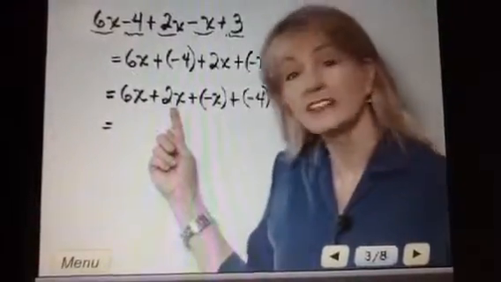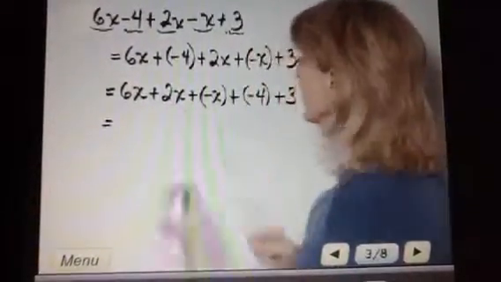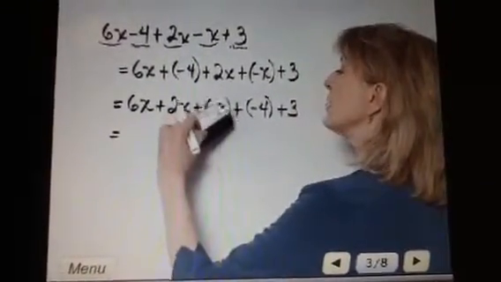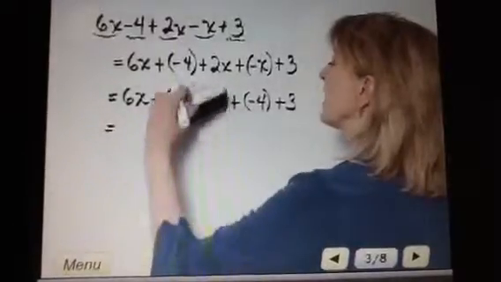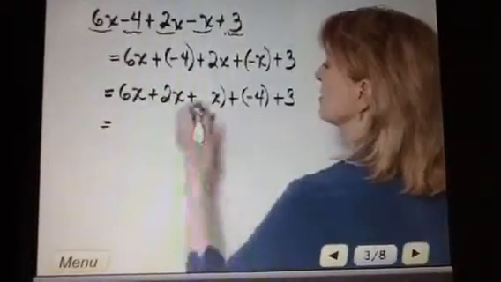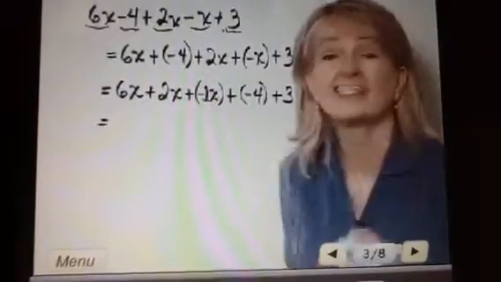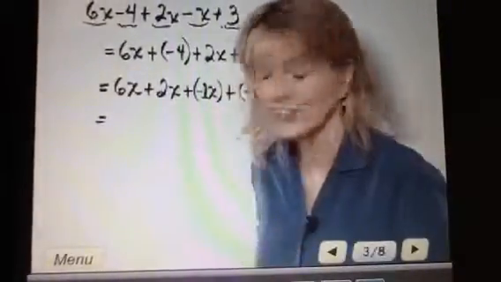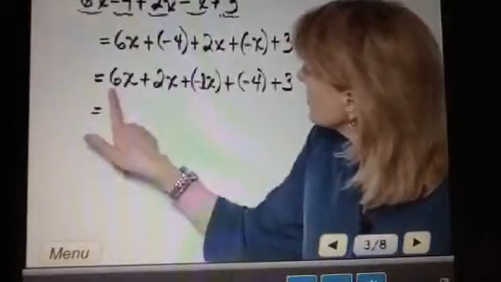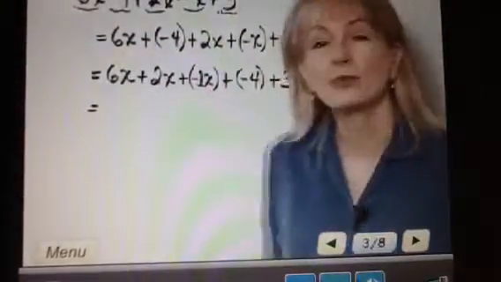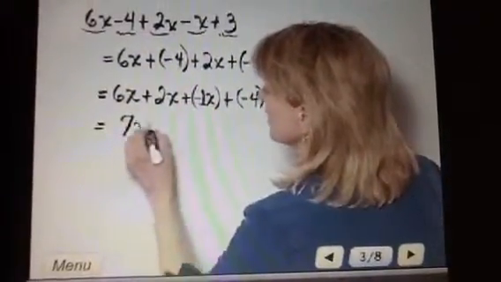6x plus 2x, that's 8x. Now this negative x, if it helps you, think of it as negative 1x, because that is the same as negative x. So 6x plus 2x, that's 8x. Then 8x minus 1x, that is 7x. So I have 7x.